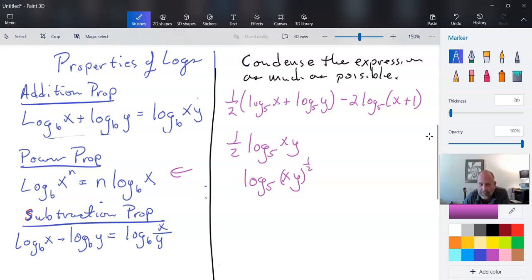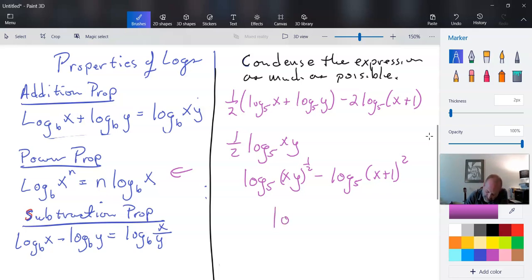Now, the second term here, we can simplify a bit. I can move the square over here, so this is now minus log base 5 of (x plus 1) squared, right? And now we can use the subtraction property, and I can turn this into division.